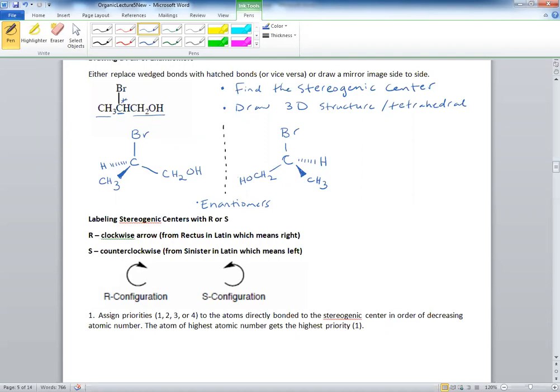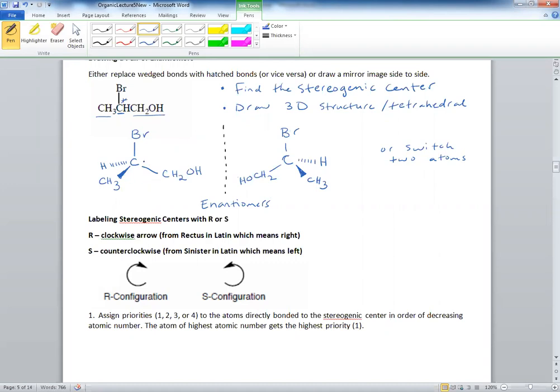Which makes them chiral. Or there's another way of drawing the enantiomer of this: you can just switch two atoms. Now, I'm talking about in reference to this. If you switch two atoms of this, you're going to go back to what you started with, so be aware of that.